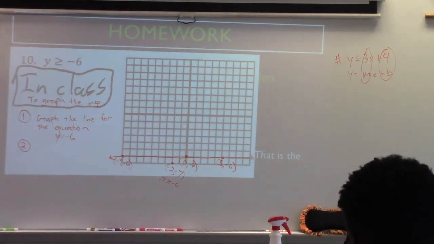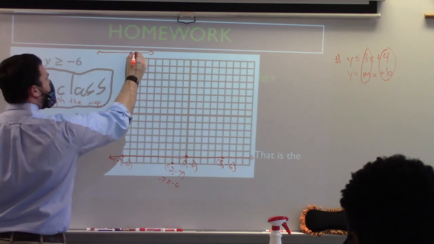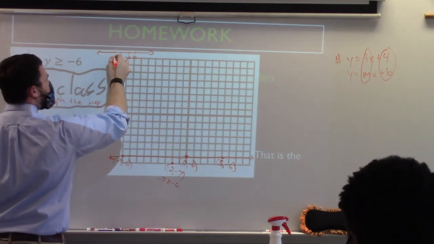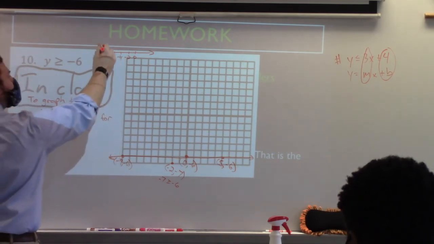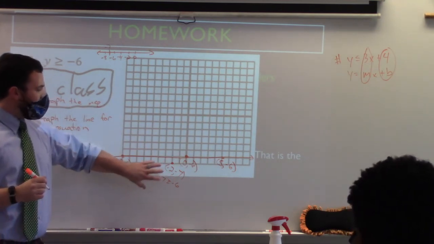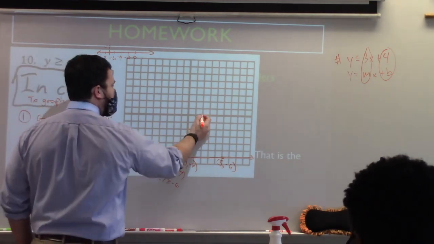We want to remember, greater than means it's to the right, doesn't it? Negative 2, negative 4, negative 6. No, negative 6 is greater. Notice this is negative 7 right there? So does this point make the inequality true? No. So do I want to shade there? No. Let's check this point.